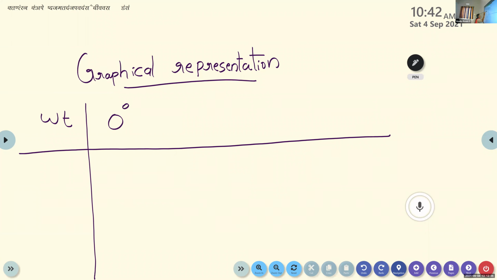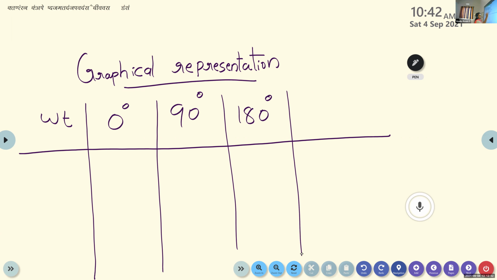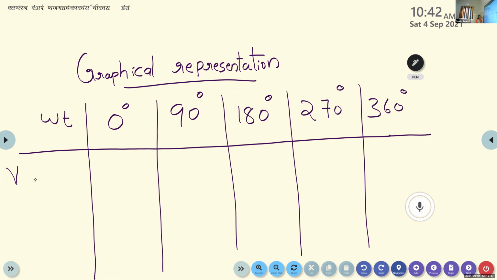for 0 degree, 90 degree, 180, 270 and 360. Voltage is the same, V is equal to Vm sin omega t.